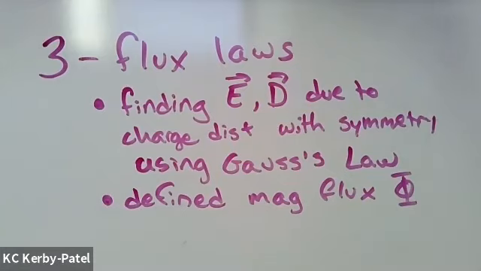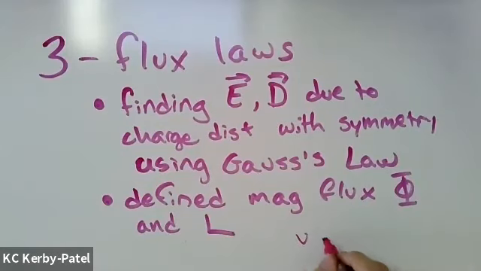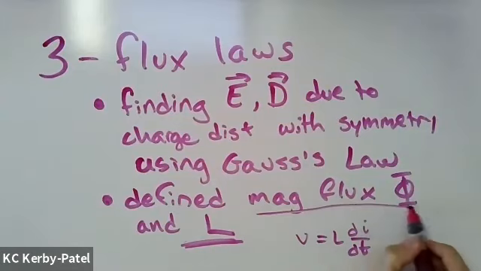I guess we also defined inductance here. Even though the inductance equation, V equals L di dt, is a consequence of Faraday's law, we defined inductance in this chapter before we talked about Faraday's law because we defined the magnetic flux here.